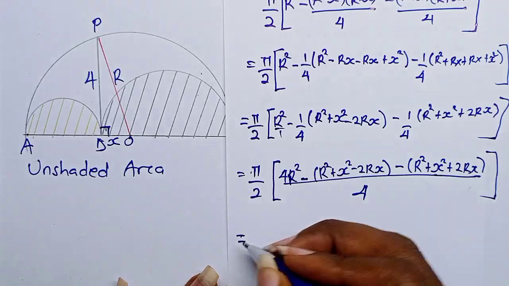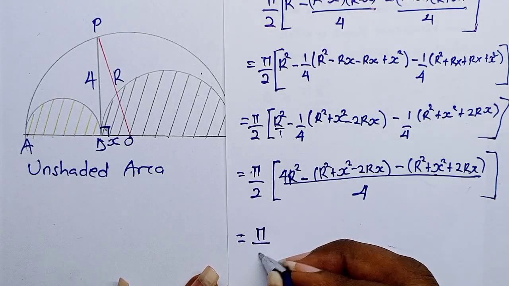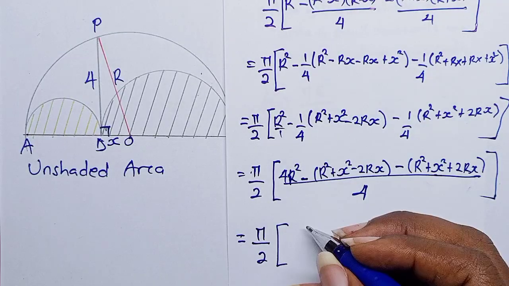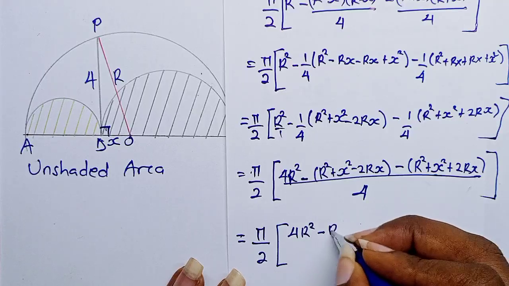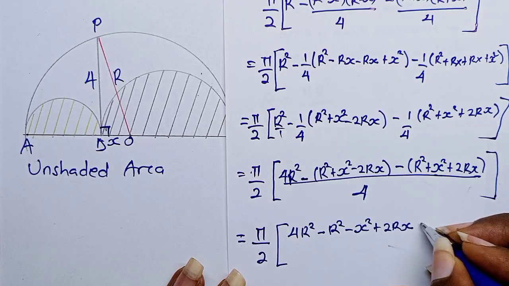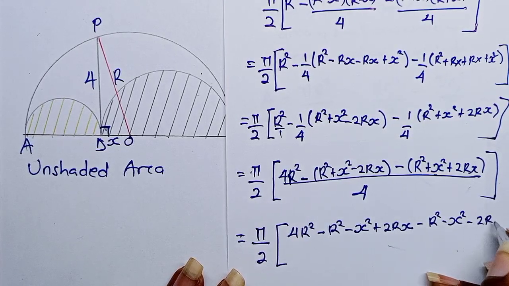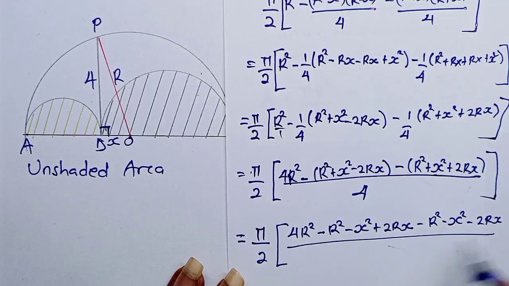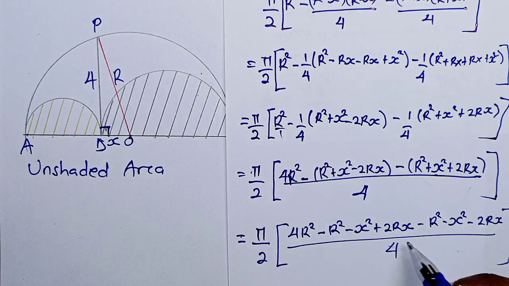So this is equal to pi over 2 into, let's open brackets here, so we shall have 4R squared minus R squared minus X squared plus 2RX minus R squared minus X squared minus 2RX over 4. So here we have plus 2RX and minus 2RX, so they cancel.